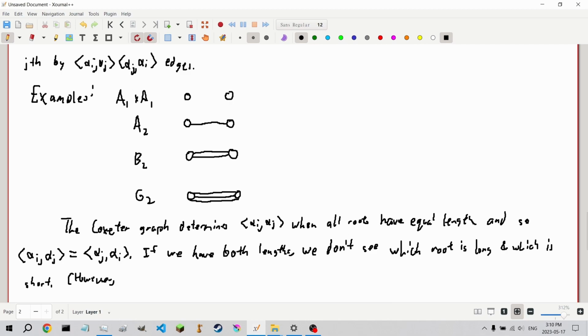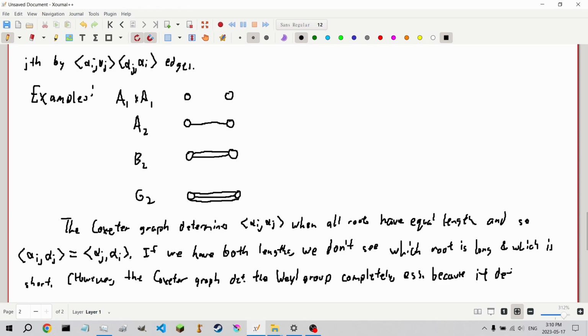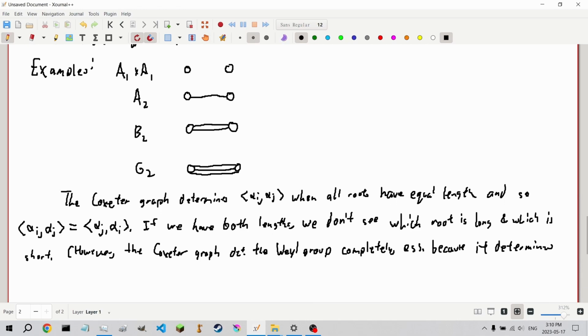However, it can be proved that the Coxeter graph determines the Weyl group completely, essentially because it determines the orders of the products of the generators of the Weyl group.